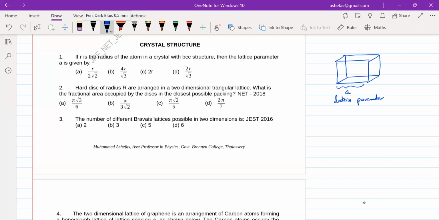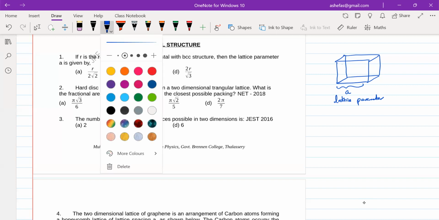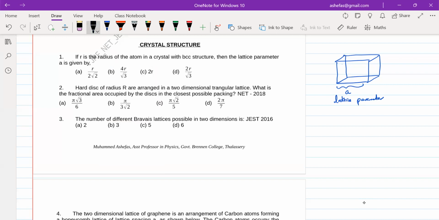In cubic, basically we have three types of lattices: simple cubic, body centered cubic, and face centered cubic. In body centered cubic, we have an atom at the locations of all corners of this cube, as well as an atom at the center of the cube.